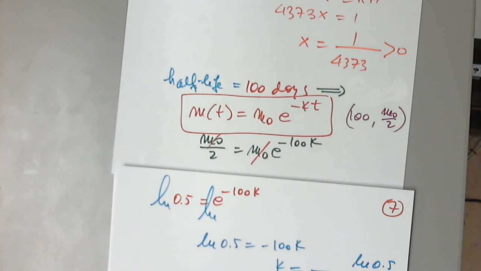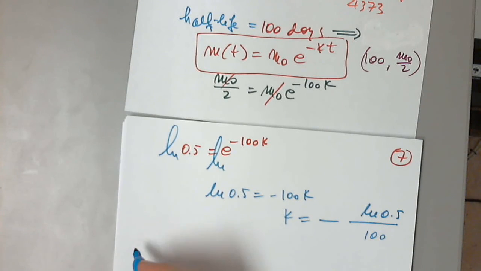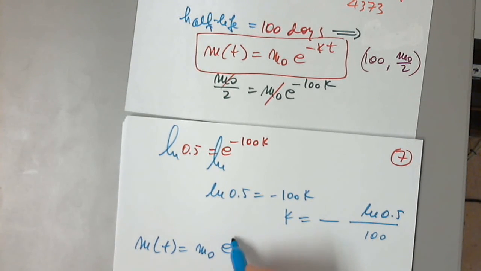Please use 4 decimal digits. 0.0069. So now we go back and put it in the model. So now we know that m of t equals m0 e to negative 0.0069t.